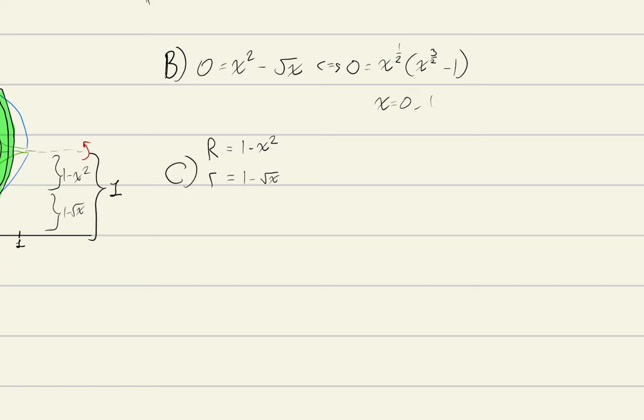The washer formula has the formula A of x is equal to pi times big R squared minus little r squared.